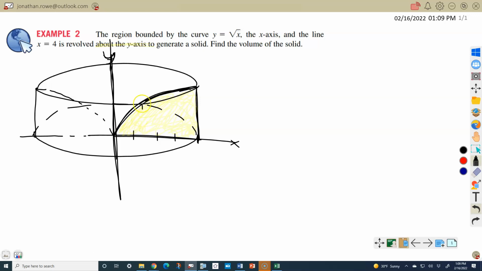So let's just say I'm making my cylinder right here. So here's my cylinder, my typical cylinder. Notice I'm drawing the line parallel to the axis of rotation to make my cylinder. That's one of the keys.